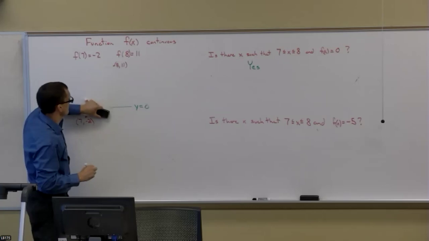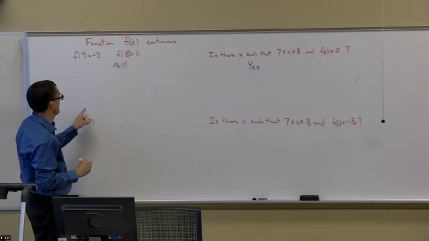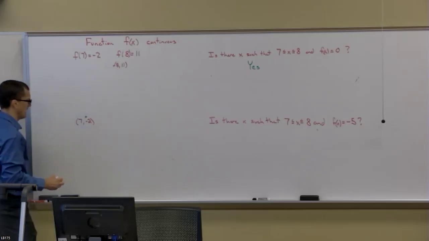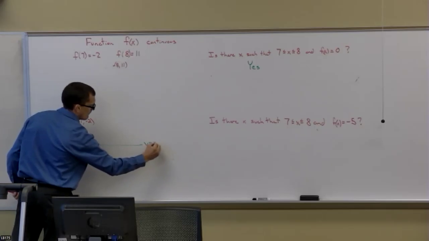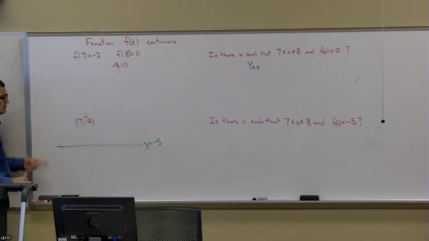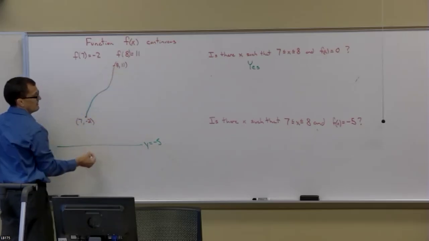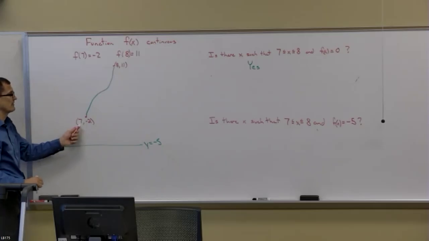The next question says, is there an x between 7 and 8 such that my output is -5? Well, the output of -5 is below both points. So it is perfectly reasonable to think that we may not cross that horizontal line between the values of 7 and 8.